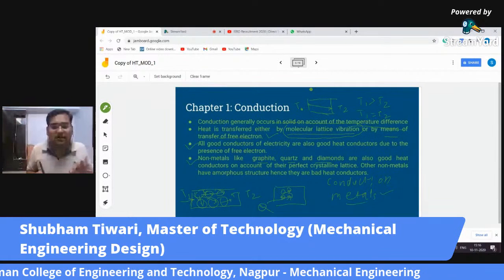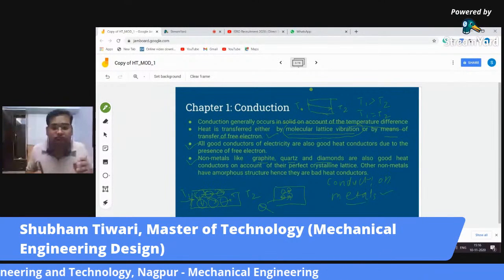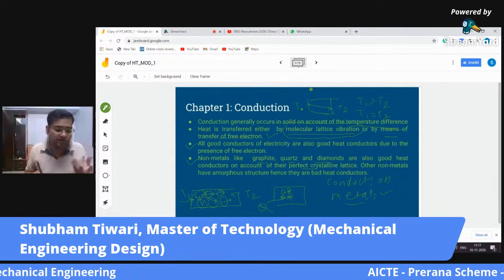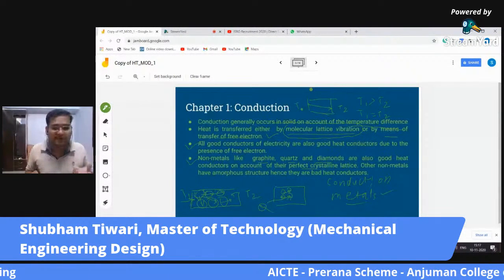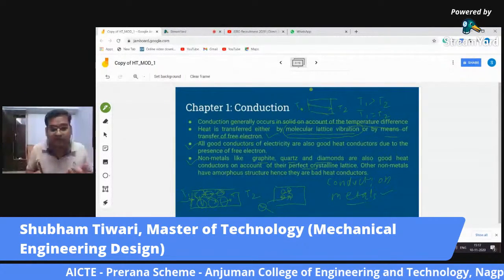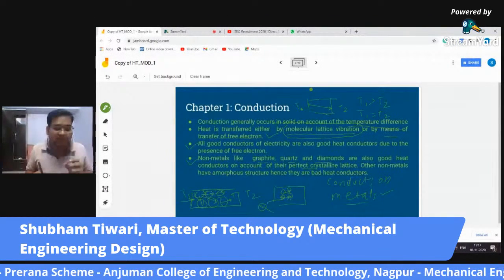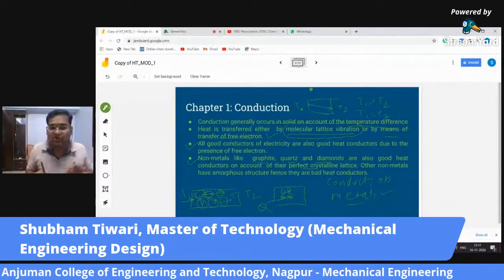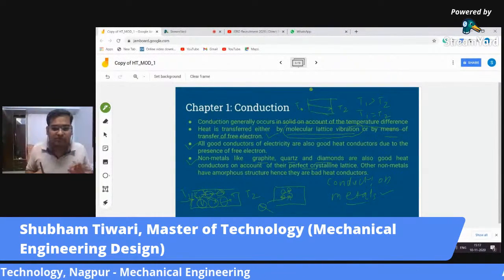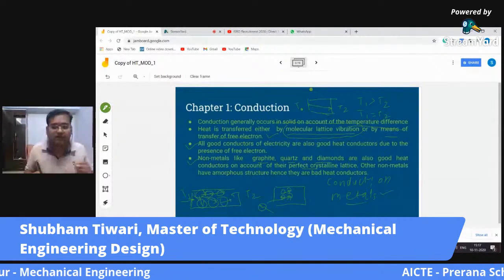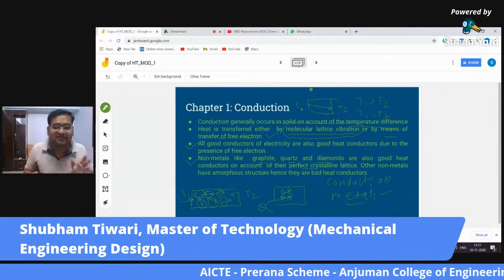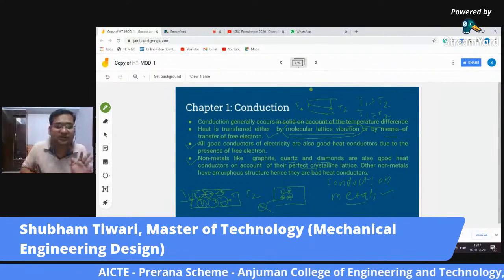These non-metals have a perfect crystalline structure. We know diamond has a perfect crystalline structure, so whenever we transfer heat through it, it turns out to be a very good conductor. So remember this point: there are some non-metals that are good conductors of heat, and the rest of the non-metals have amorphous structures. That is why they are not good conductors of heat.